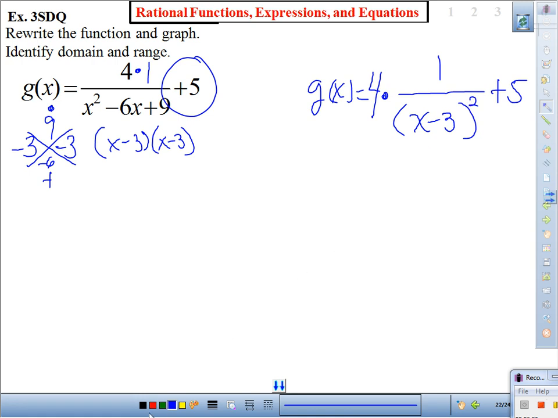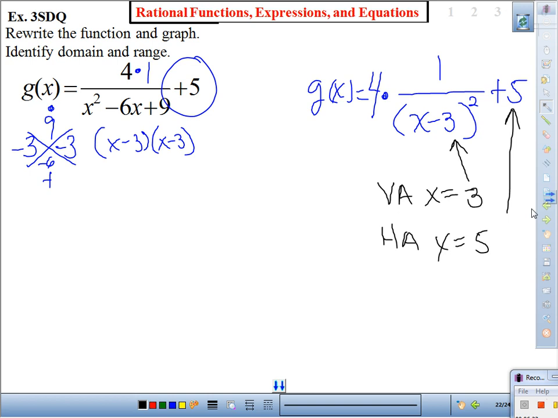And of course from there we can get our vertical asymptote, x equals 3, which is right there. Horizontal asymptote, y equals 5, which is right there. Piece of cake? Yeah? All right.